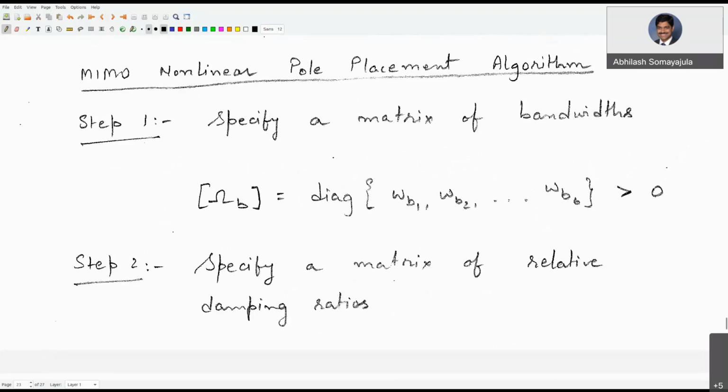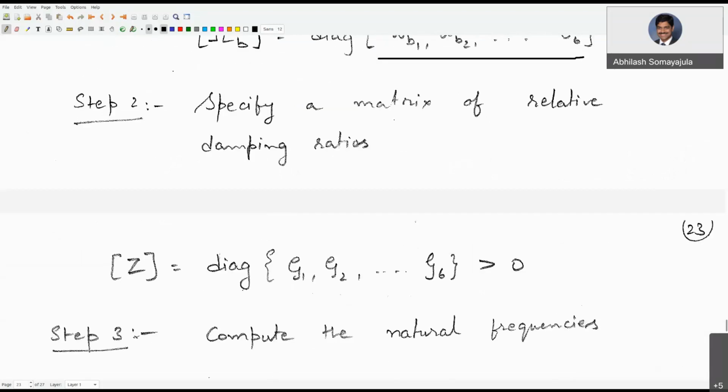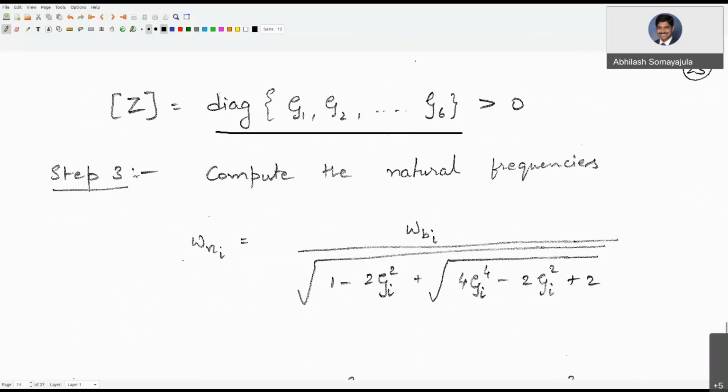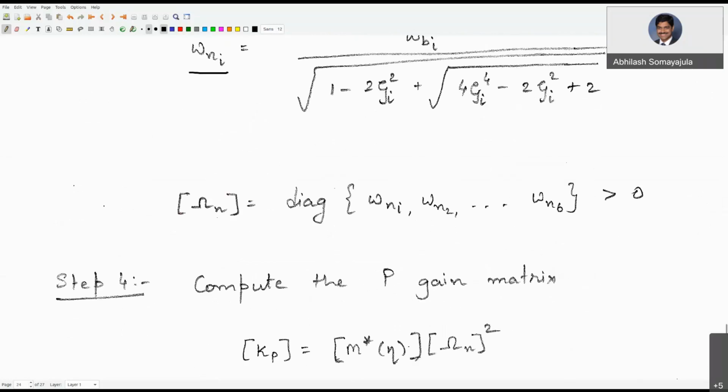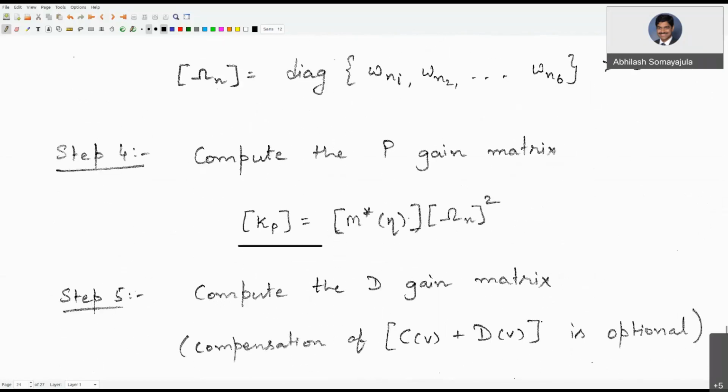So if we are specifying a matrix of the bandwidth for each of the 6 degrees of freedom, and we are specifying a set of damping ratios, zeta 1 to zeta 6, then we can compute the natural frequencies for each of the 6 modes. Once we know all the natural frequencies and the damping ratios, I can then compute the KP matrix because I know everything here, right?